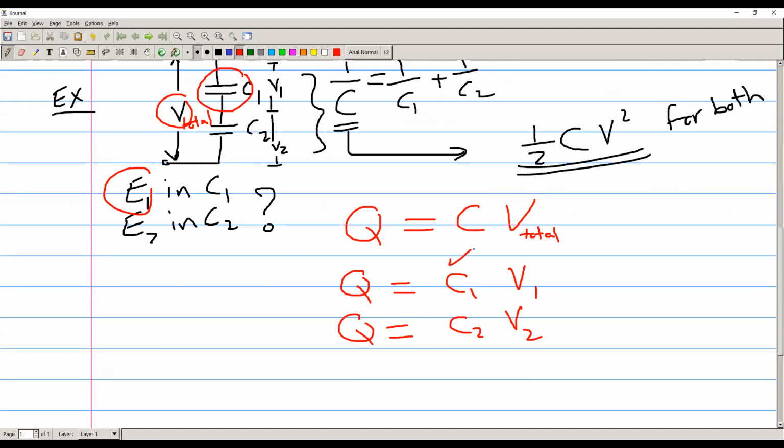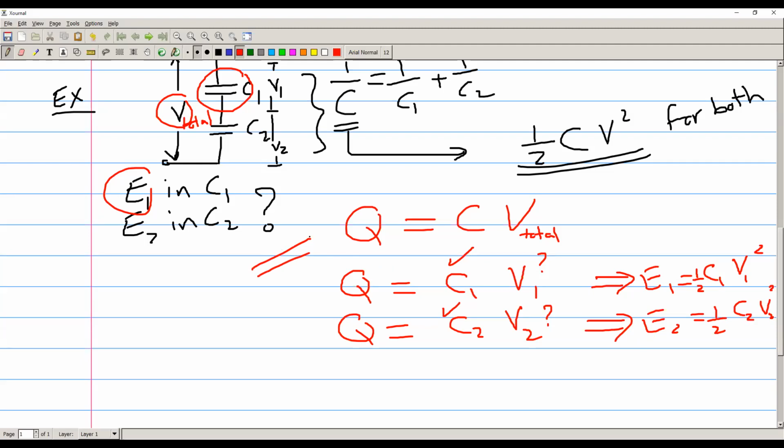Once I compute V1 and V2, I can compute E1 as 1/2 C1 V1 square, and E2 will be equal to 1/2 C2 V2 square. This method is easier than the potential divider method, because it's more general.